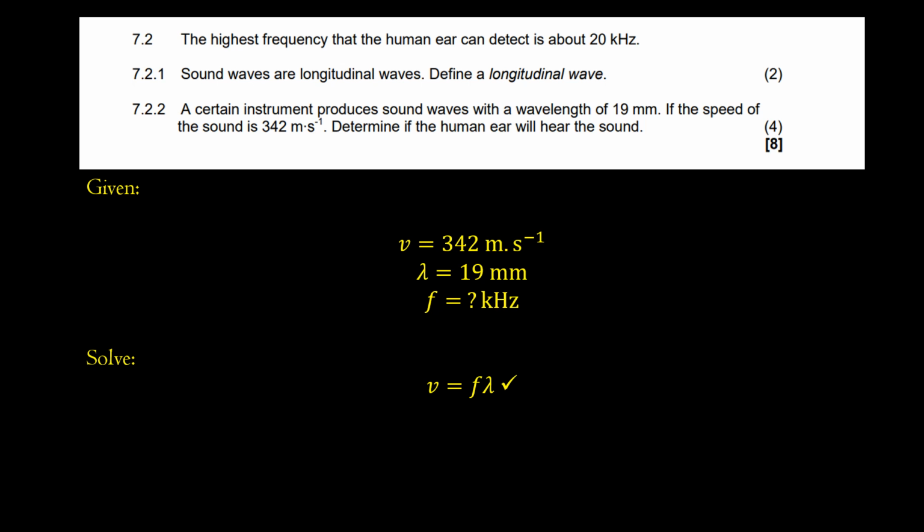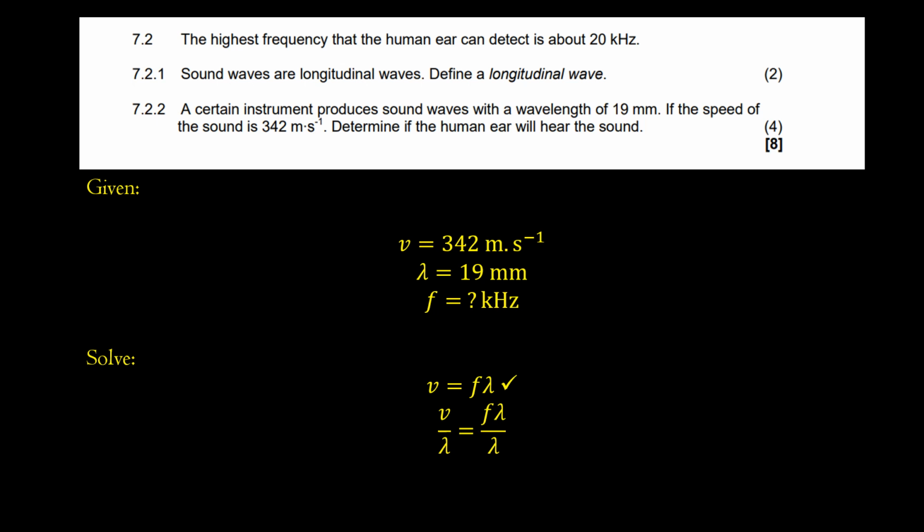But we are aware that we would like to solve for the frequency, not the speed. So we need to make the frequency the subject of the formula. How do we do that? We divide both the left-hand side and the right-hand side of the equation by lambda. On the left-hand side, we have the speed v divided by the wavelength lambda.